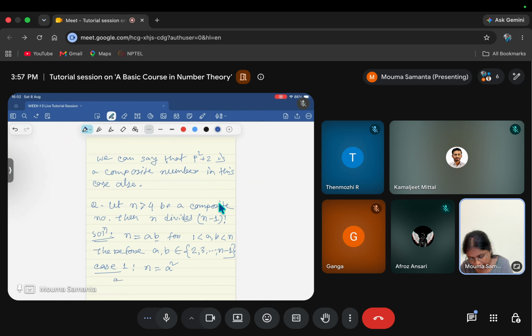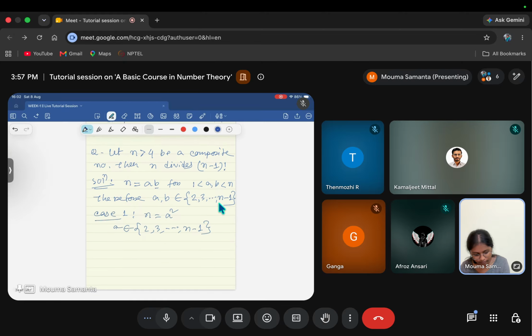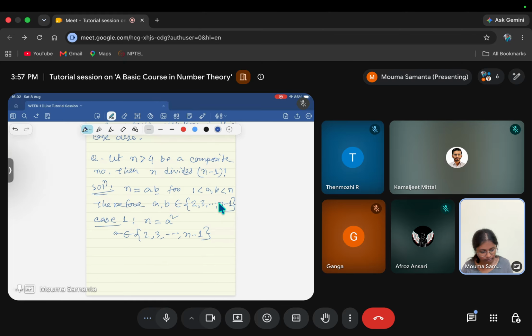Here a belongs to 2, 3, up to n minus 1, and a is less than a square. What I am trying to show is that a square has to divide n minus 1 factorial.